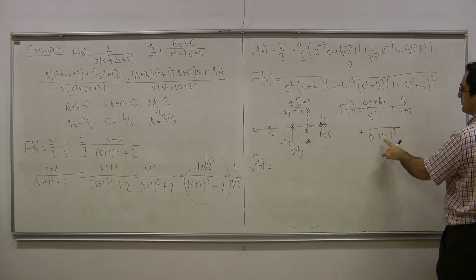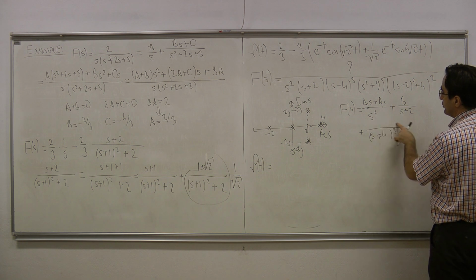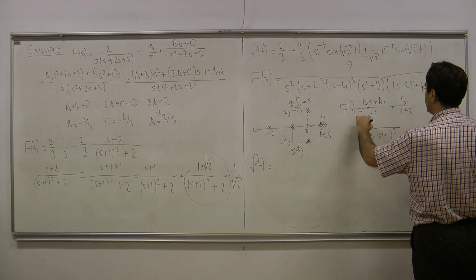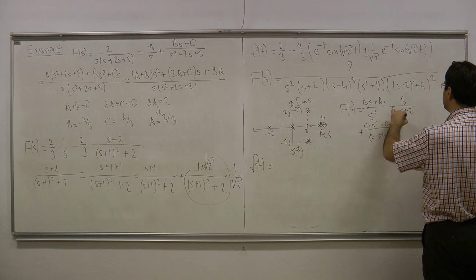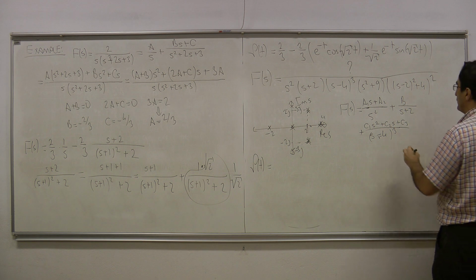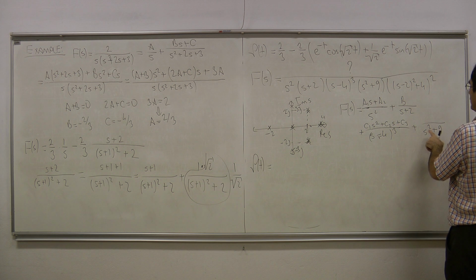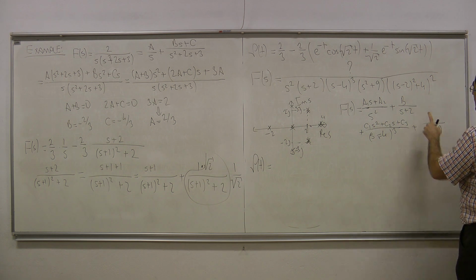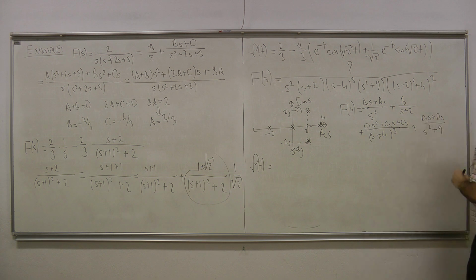This is a third order polynomial. As a result, I need to put a second order polynomial into the numerator. So it is c1 s squared plus c2 s plus c3. Okay? These are the unknown coefficients. And I have s squared plus 9. This is a second order polynomial with complex roots. And as a result, I put here d1 s plus d2.